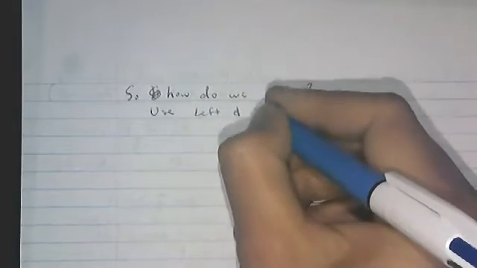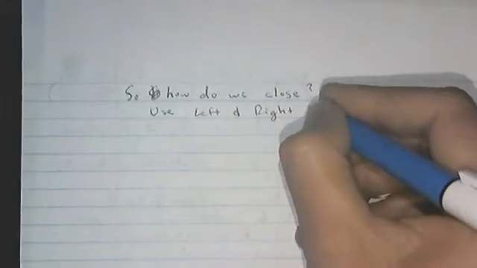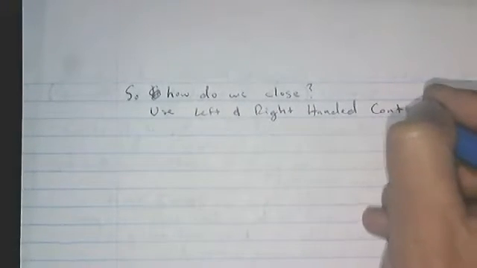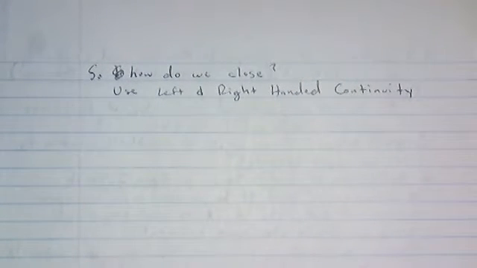Use left and right-handed continuity, which essentially boils down to showing that the function value matches the right or left-handed limit at those endpoints. And for your purposes, the point is we can close open intervals.